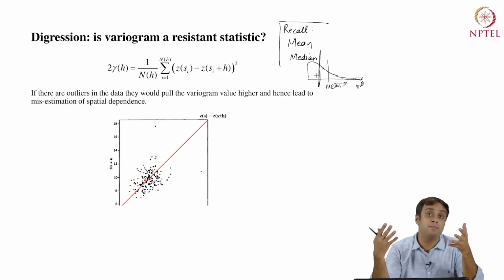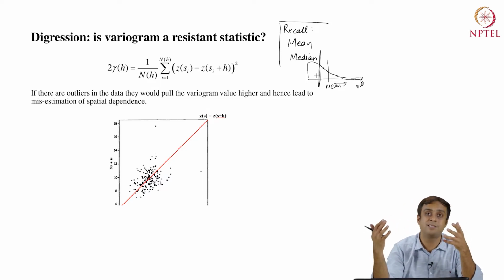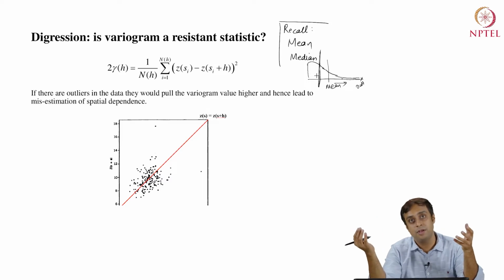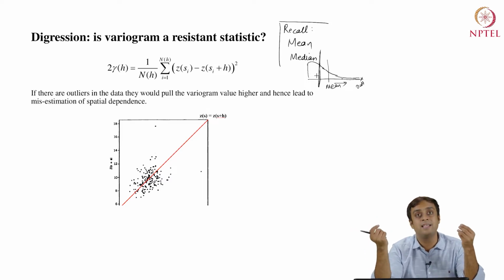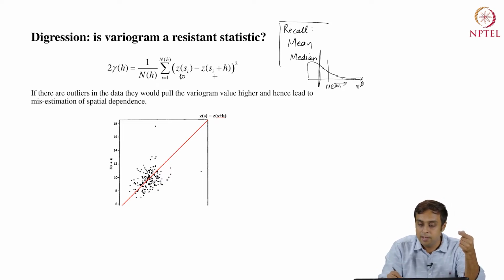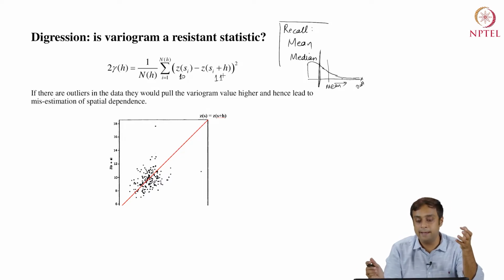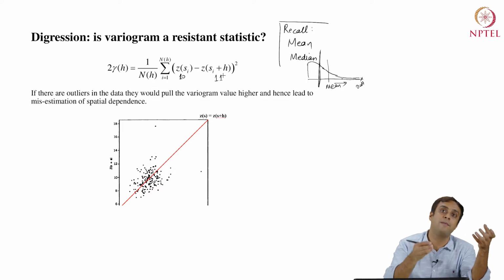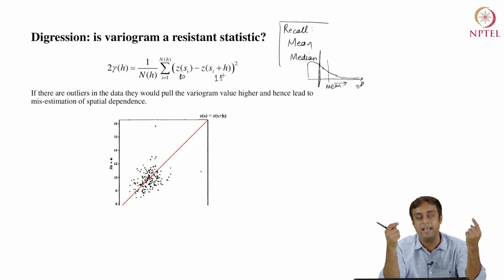So the variogram suffers from this issue of outlier values. To see this, just realize that if Z(s_i) is value 10, and Z(s_i + h) is value 11, then the contribution to the variogram is exactly 1 unit, that is (10 minus 11) squared, which is just 1.